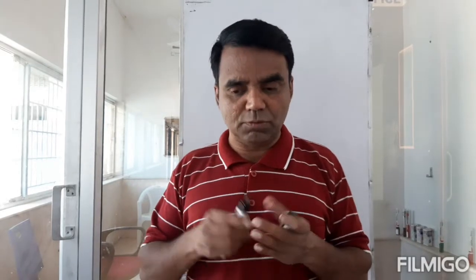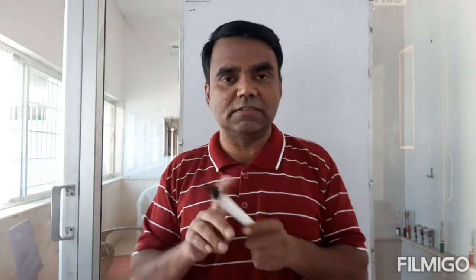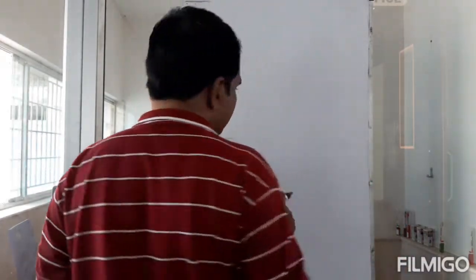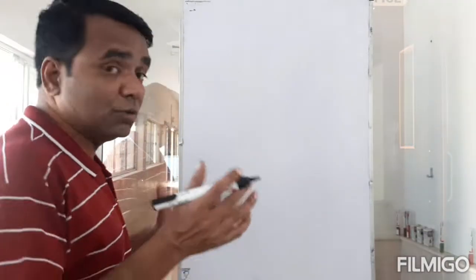I want to talk about a couple of things about the dipole and the electric field due to the dipole at a point on its axis. The first thing is, we will talk about the unit for dipole moment.